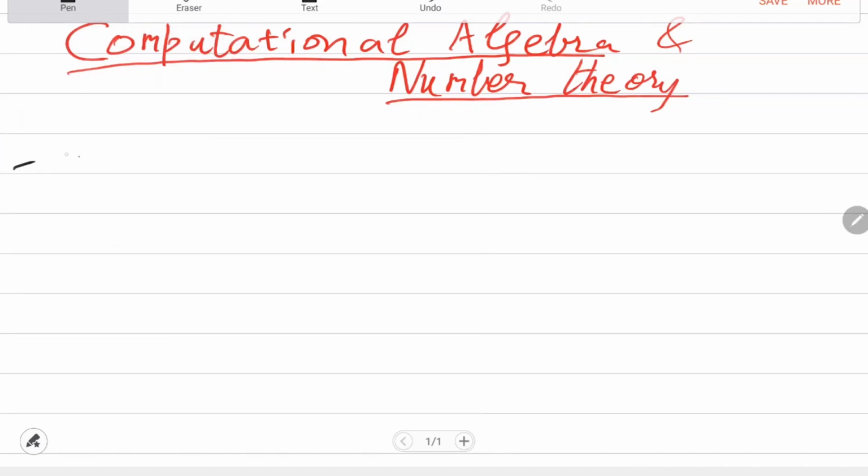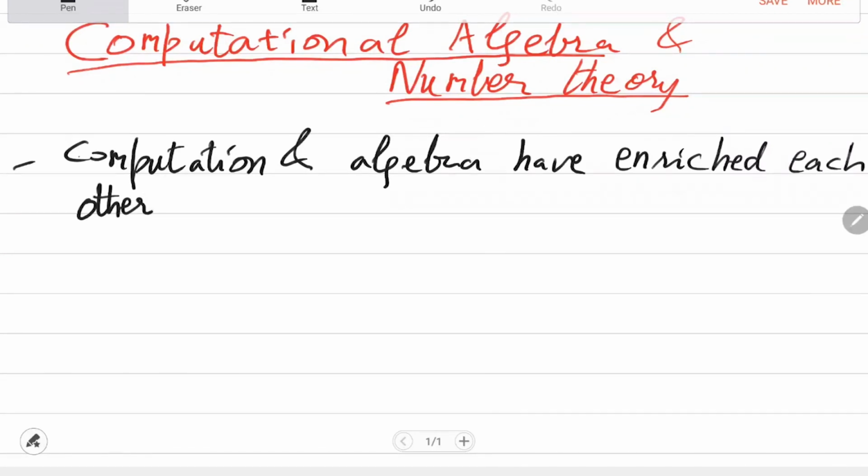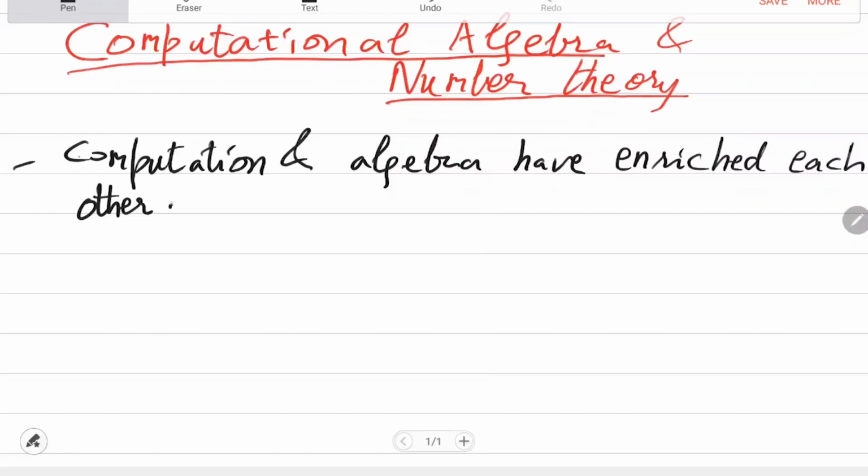So historically, computation and algebra have enriched each other. So what I mean by this is that there are computational problems which are solved by algebraic methods, and while you solve these, new algebra also gets created.